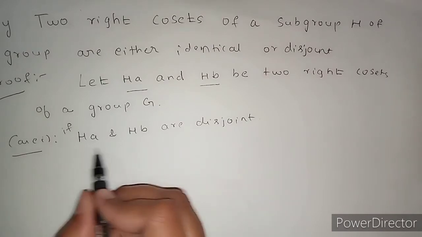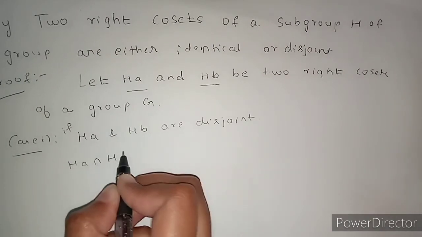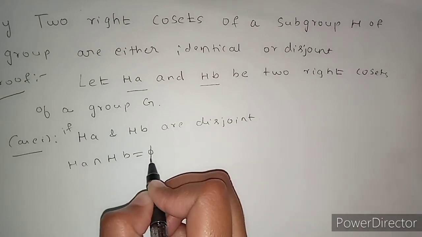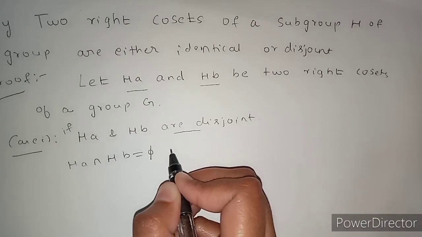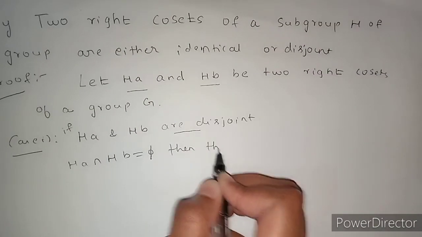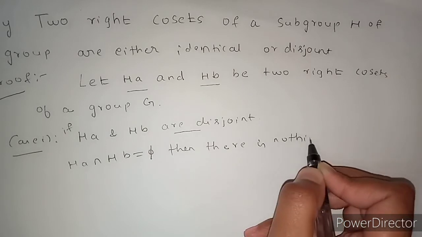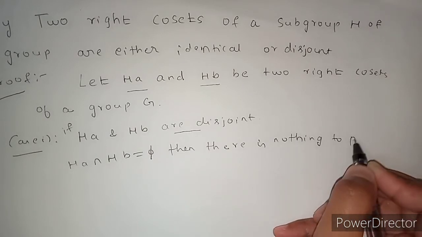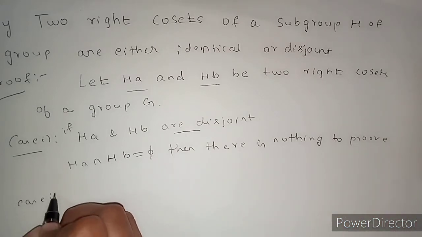So, if Ha and Hb are disjoint, that means Ha intersection Hb is equal to phi. Then there is nothing to prove here. Obviously it is true, right? So then there is nothing to prove. Now coming to case 2.